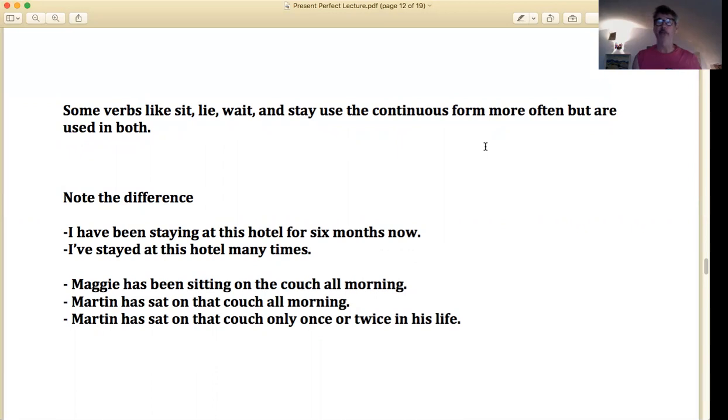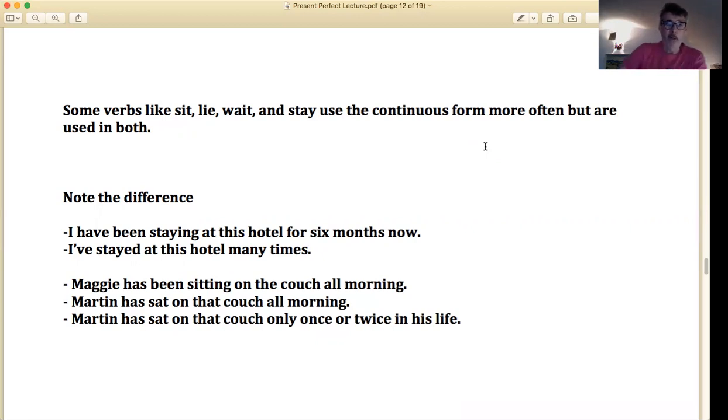If you're going to use that verb, you're going to use a continuous form the majority of the time, but not always. You can use both, and then sometimes the meaning's different. And as your English gets better, when you can tell the difference between the meaning in these sentences, it means that you're really getting much better with your English.